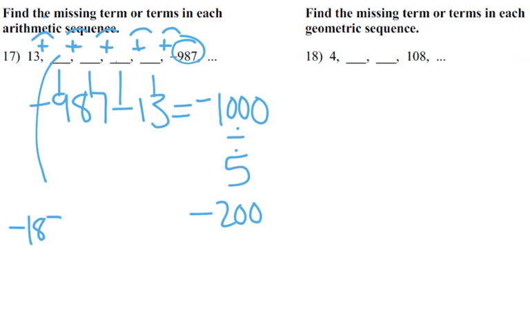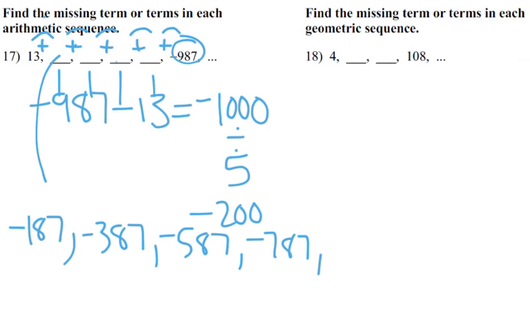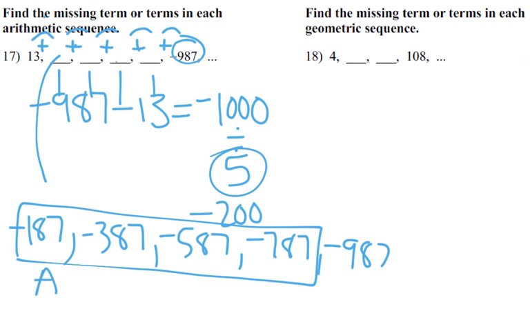So that term's negative 187 minus 200, negative 387 minus 200, negative 587 minus 200, negative 787, and minus 200, negative 987. So you've got to make sure you get that right division sign. So that was actually a pretty good mistake, because that would be a common mistake for people to make, because you just get going and then you forget to do that. Okay, so those are the 4 terms that we're dealing with, our A, B, C, and D terms, if we were to talk about it that way.